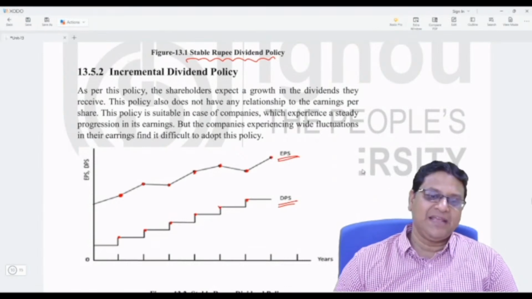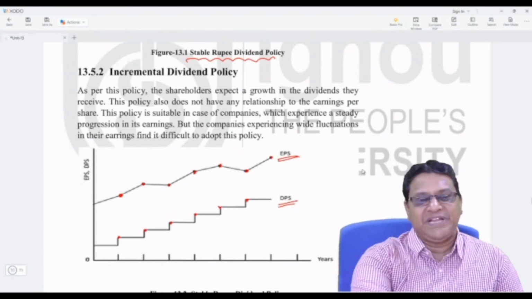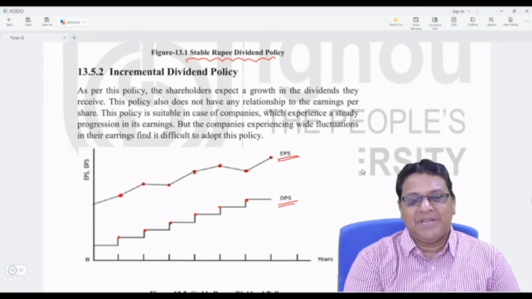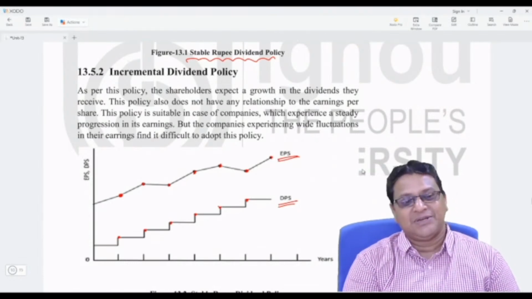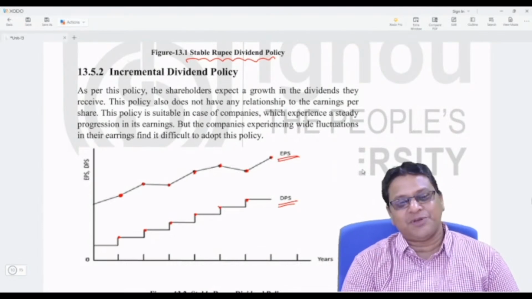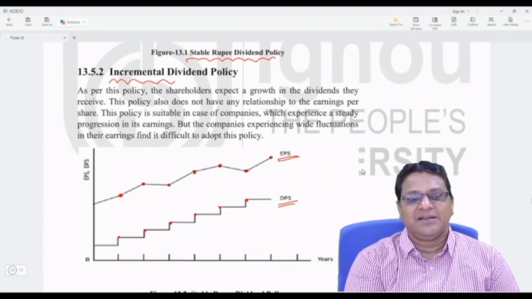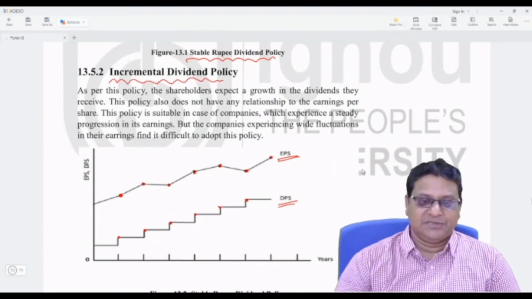This is a variety of stable rupee dividend, that is incremental rupee dividend, and this is applicable for growth companies. Companies where there is a stable growth in the earning may adopt this particular incremental dividend policy concept.